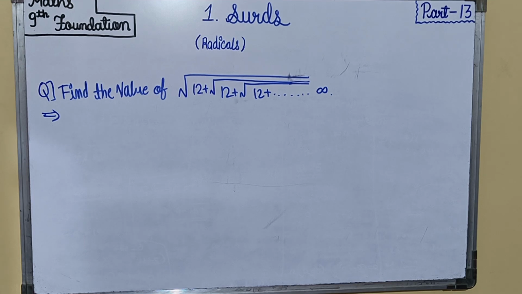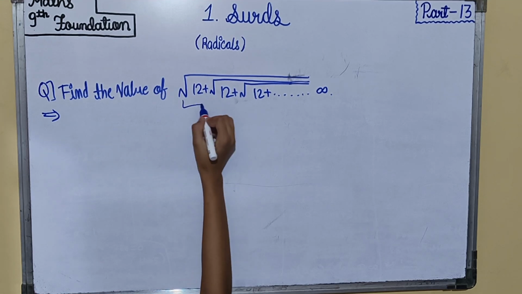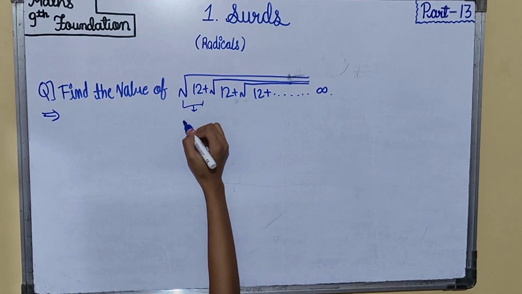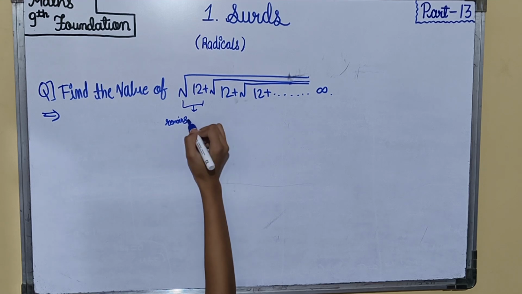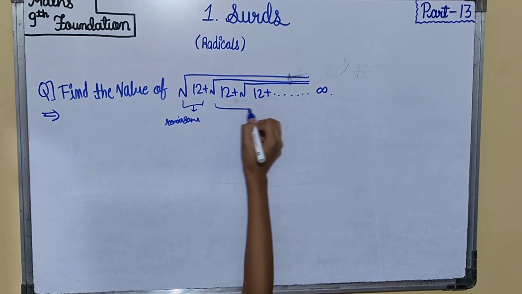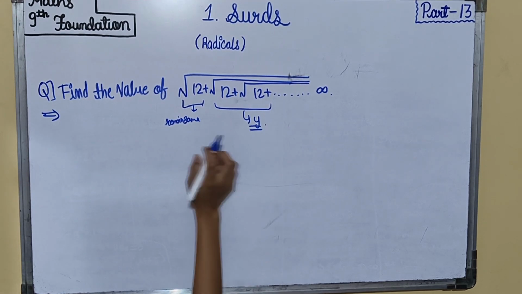We'll keep this part the same, and this would be assumed as y.